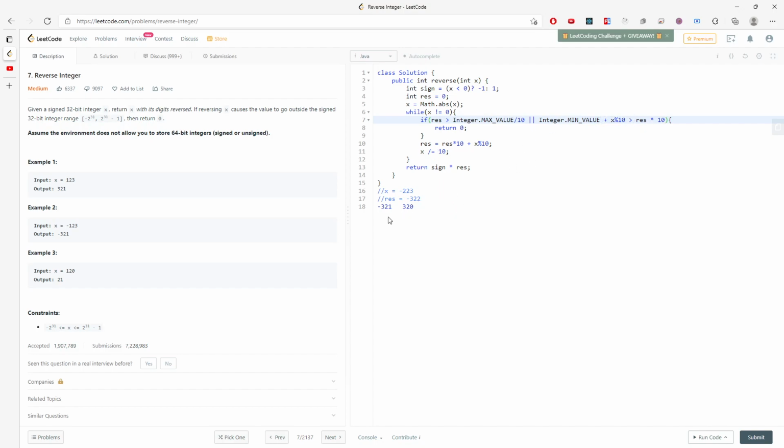So probably, okay, this is -3 to 1, so -3 to 1 plus 1 is the left side, and the right side is 3 to 2. Integer min value is -3 to 1, and mod 10 is 3 to 2, and the result is 3 to 0.